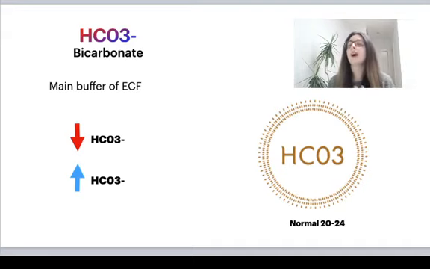When we have more alkaline blood, we have higher amounts of bicarb. So that's also a good one to remember. Normal reference ranges vary in different texts, but 20 to 24 is generally accepted as normal.